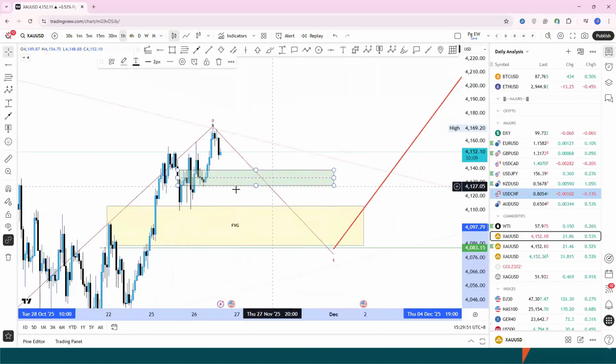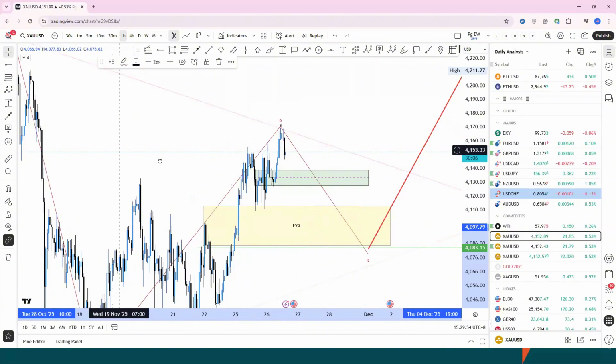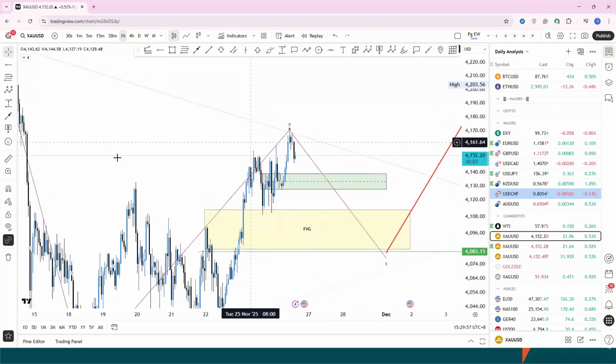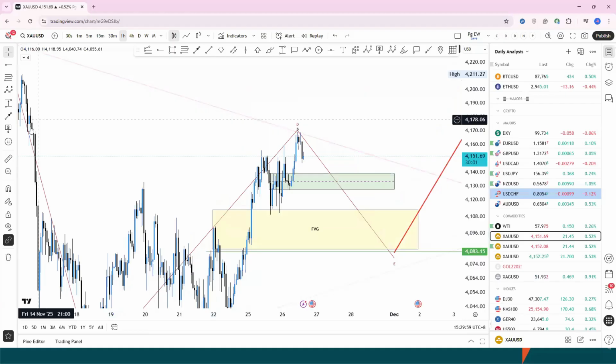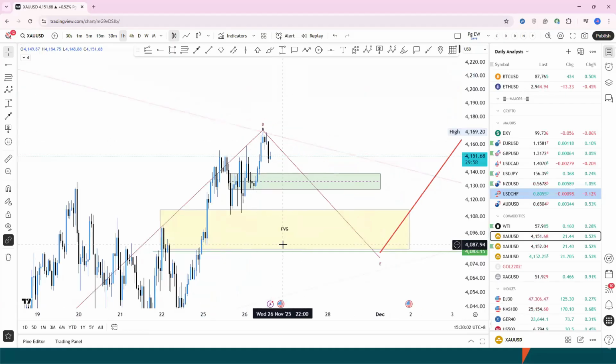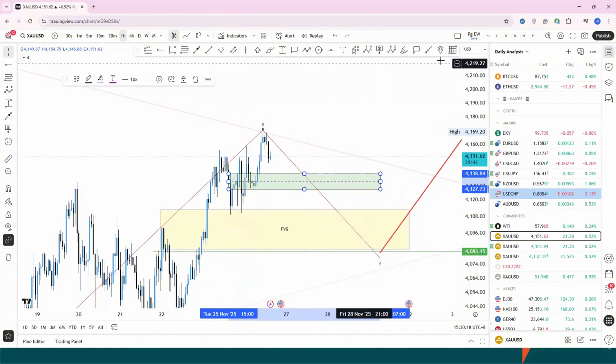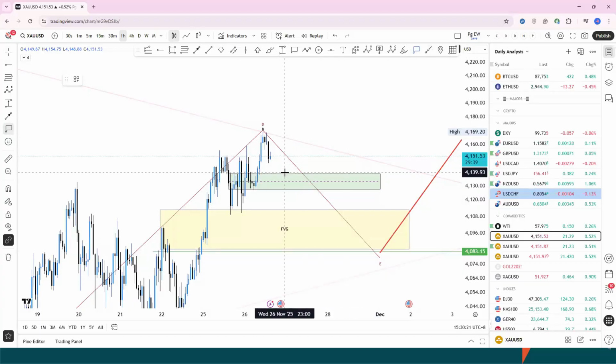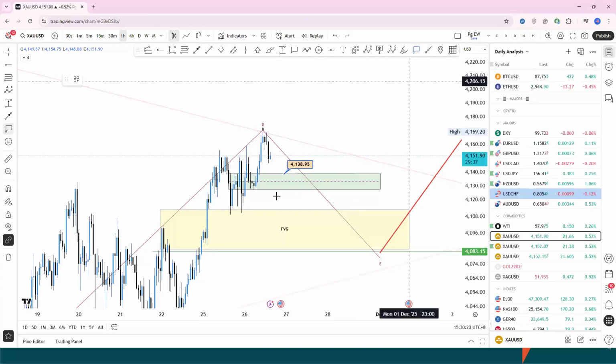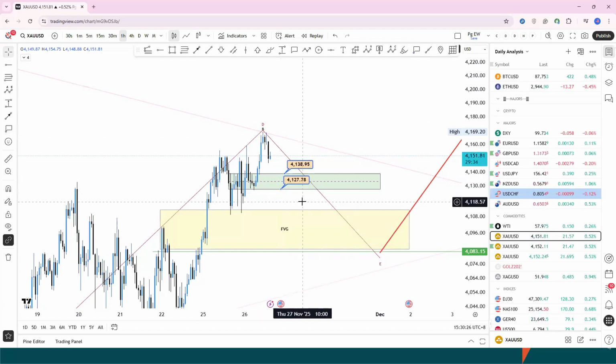Okay, and right now in the lower time frame, this morning gold went up to the supply zone somewhere around here and then fell. Okay, so in this zone there's an OB you may consider to buy. So a lot of people are still waiting to buy at this zone. This is going to be our buy zone somewhere around here.